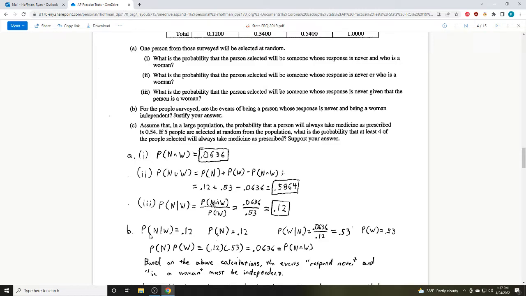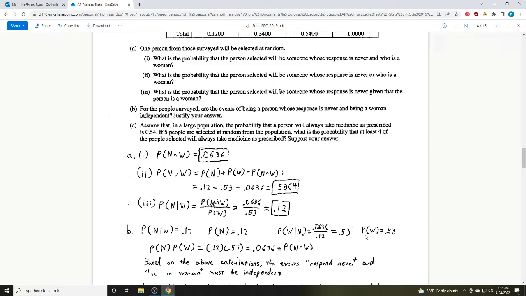That chance that they responded never is still 0.12, even though I told you that they were a woman. That is by definition that telling me about one of them doesn't affect the chance that the other happens. And that happens in the other direction too. If I tell you they responded never, the probability that they're a woman doesn't change. So any of these calculations can be used to justify that those events have to be independent.